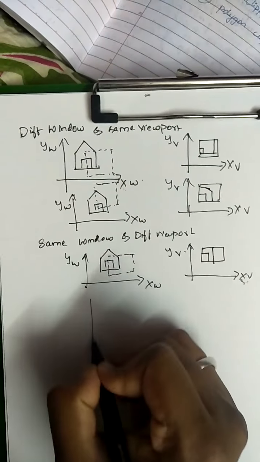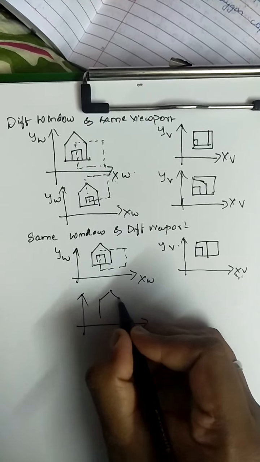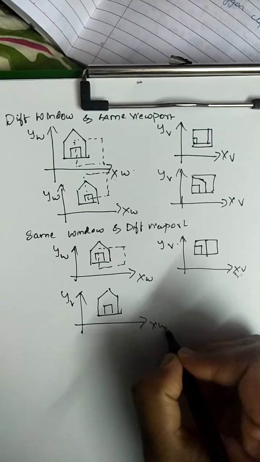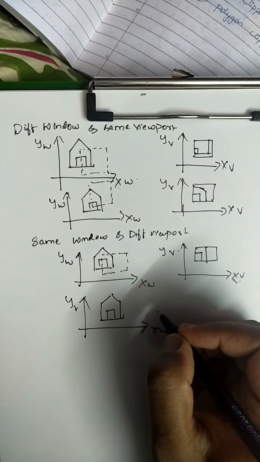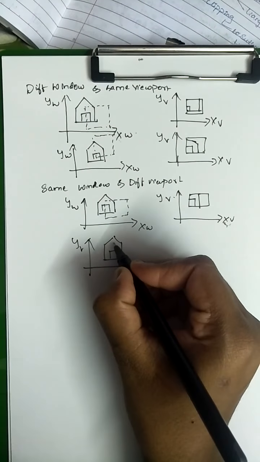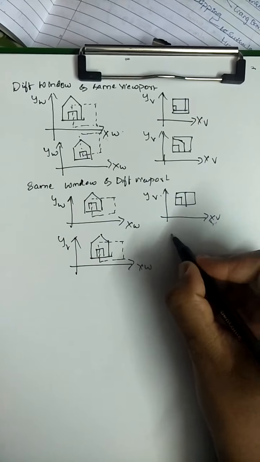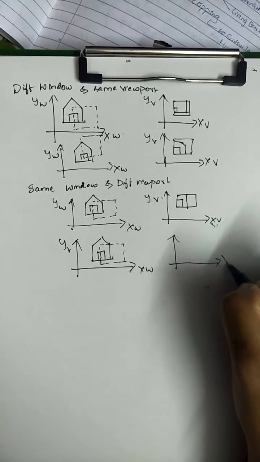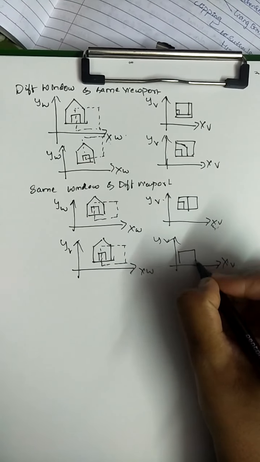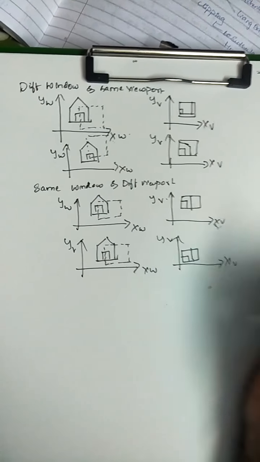Now the window remains the same, means my clipping window remains the same, but while displaying in the viewport, I might have drawn my viewport here rather than here. Okay, my objects get displayed here.